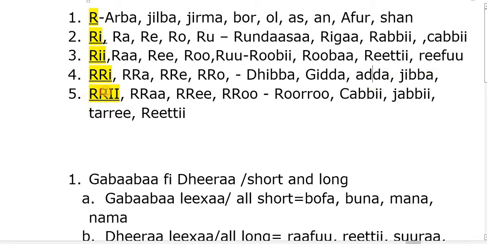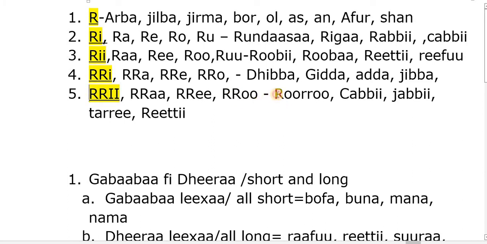And the last one that you can see is the replica of that, but strong. Now it is strong and also long, deep and long. Deep because we say it stronger, deeper. Long because we stay on it. Ra, re, ro.